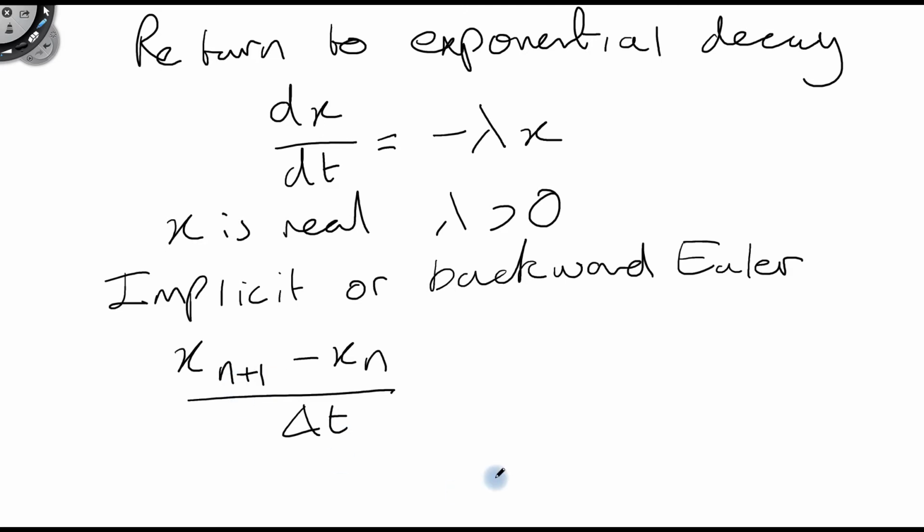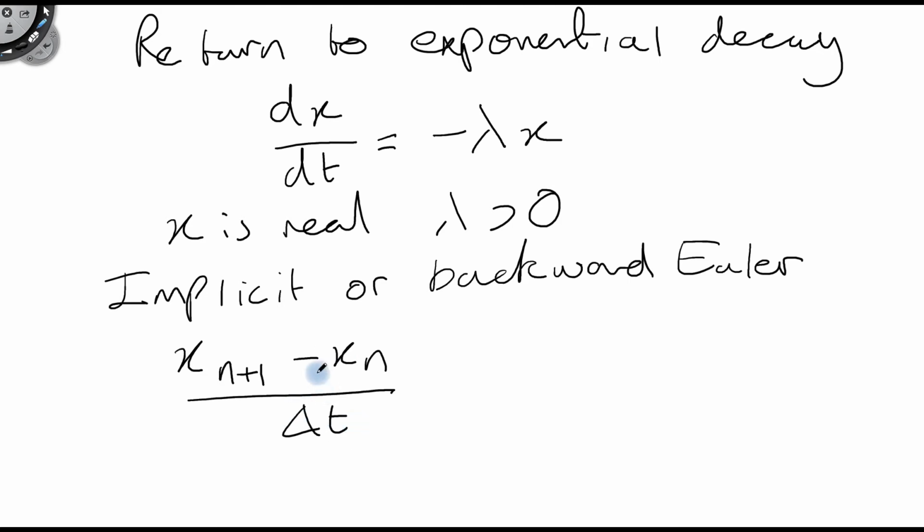I hope by this stage you're using delta t and you've given up this notation of h, because delta t tells you a lot more about what you're doing. It tells you you're discretizing in time, okay, and then you're using this notation. Mathematicians get quite hot and bothered sometimes about notation, but I think these things are quite important in the subject of numerical methods.